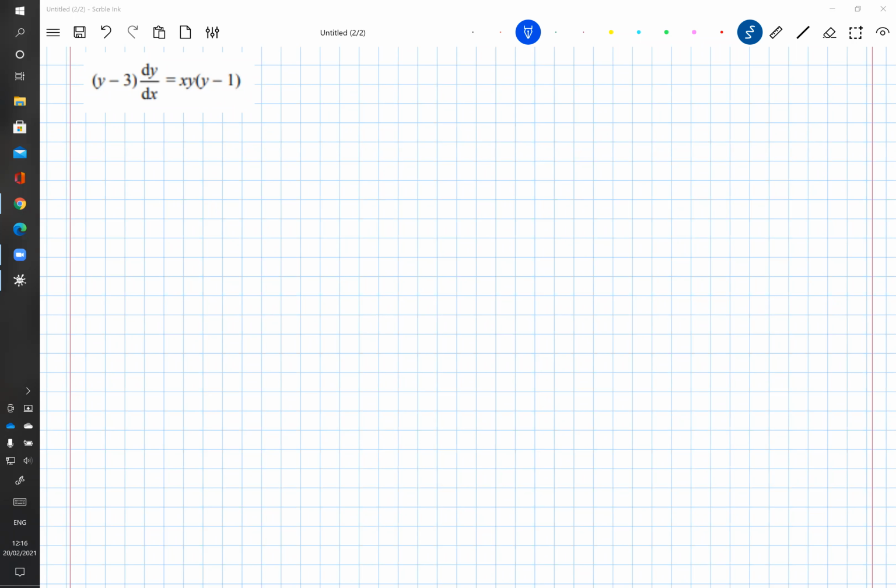So separate the dy and the dx. I always like to put brackets around it to illustrate that it's all of that y minus 3 attached to the dy.